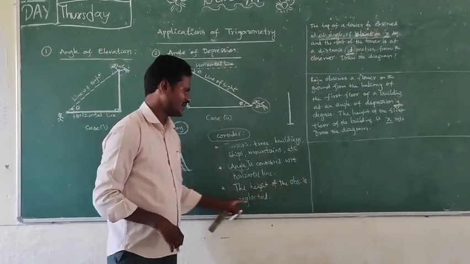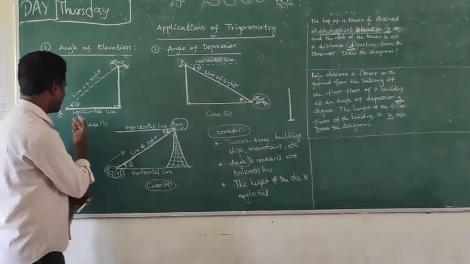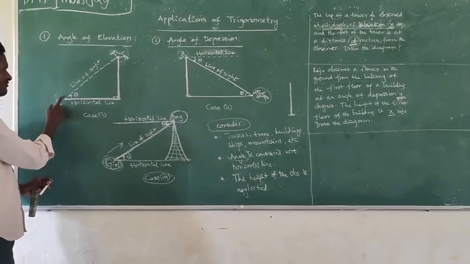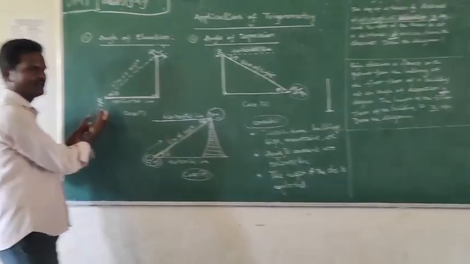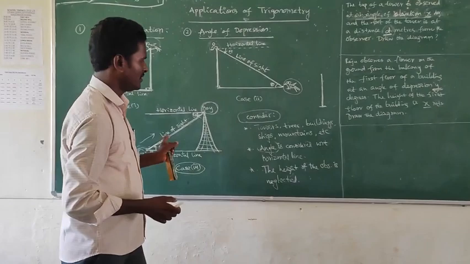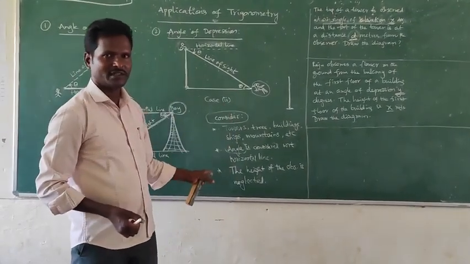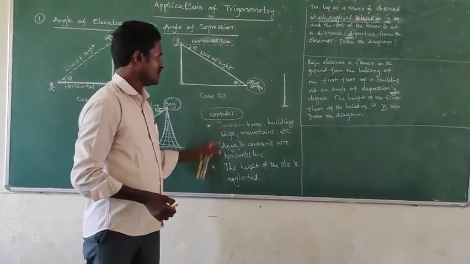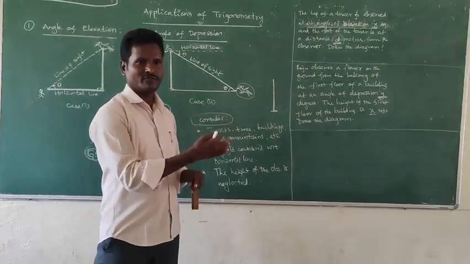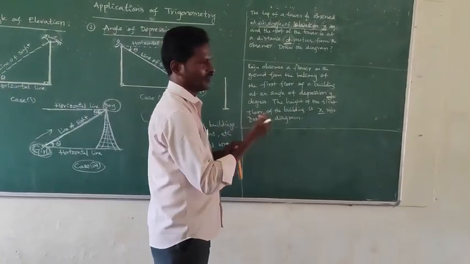And the height of the observer is neglected when it is not given in the problem. So if the height of the observer is not given, we will just neglect it. By keeping all these points in mind, we will proceed to solve some problems.